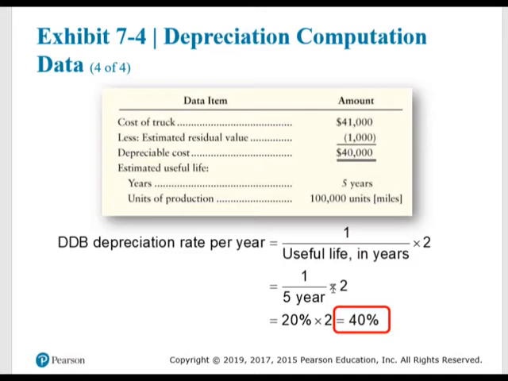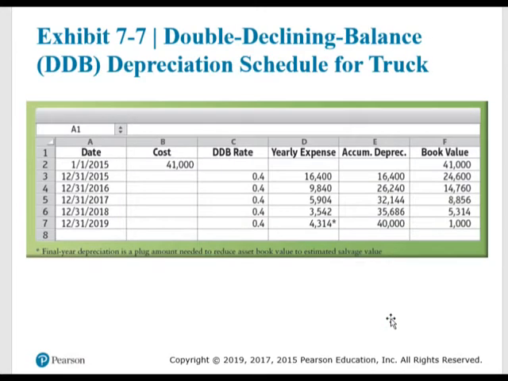In this example, 1 divided by 5 equals 20%. Times 2 equals 40%. Each year, the previous year's ending balance is multiplied by that percentage to get the depreciation expense.